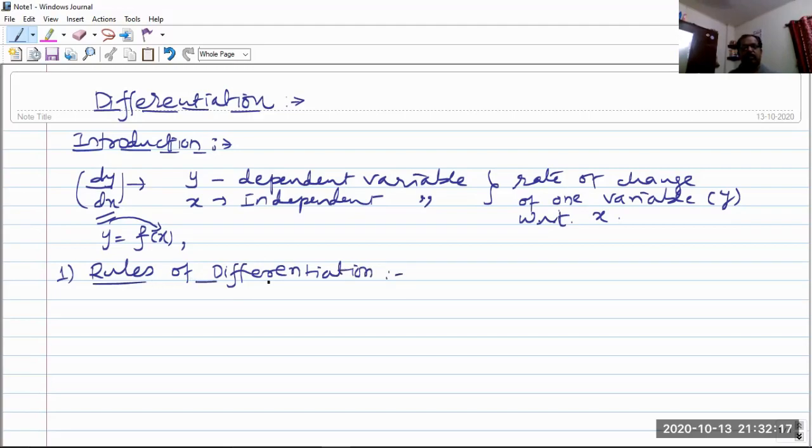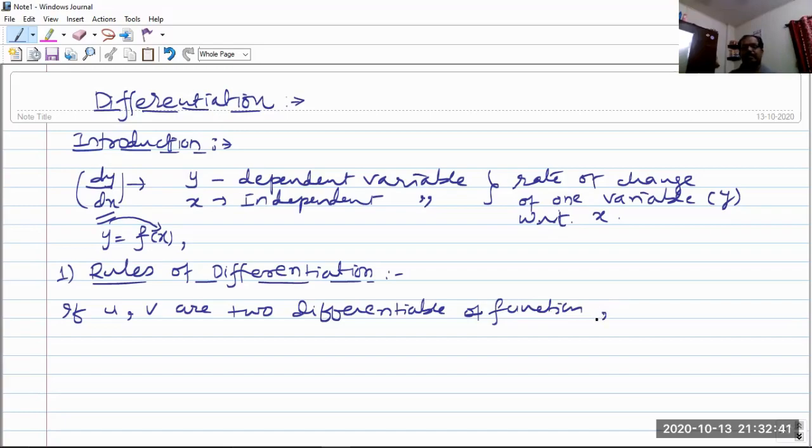The first one is called the addition rule. For discussing these rules of differentiation, we consider two or three functions. Say u and v are two differentiable functions of x. What is a differentiable function?